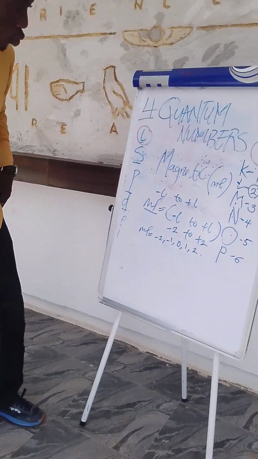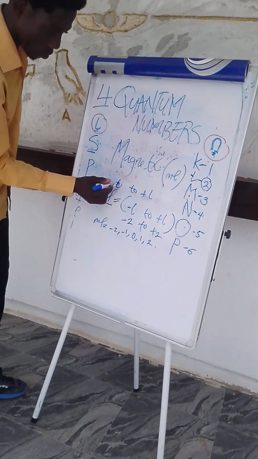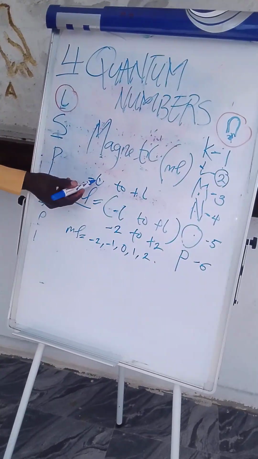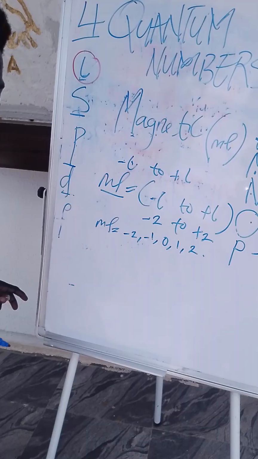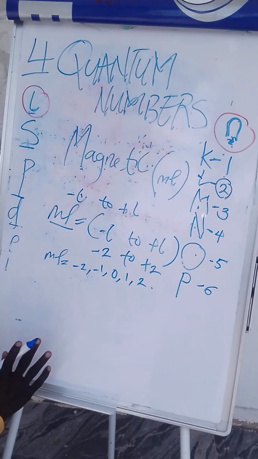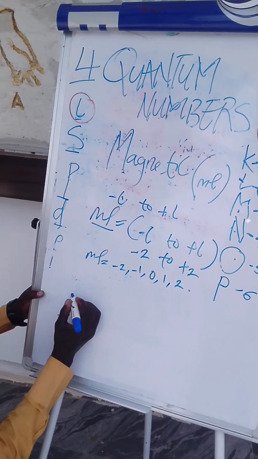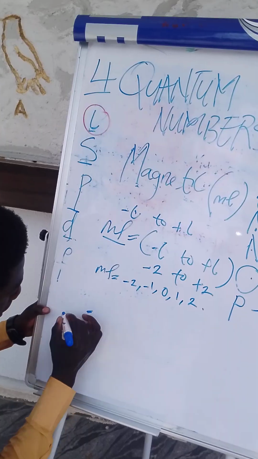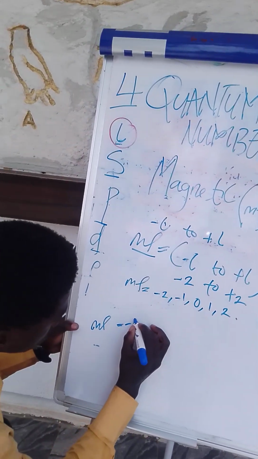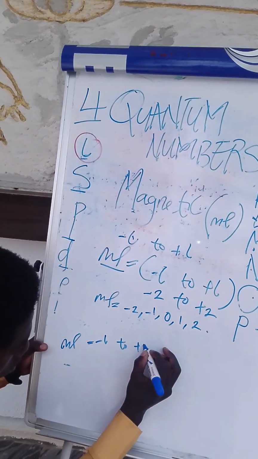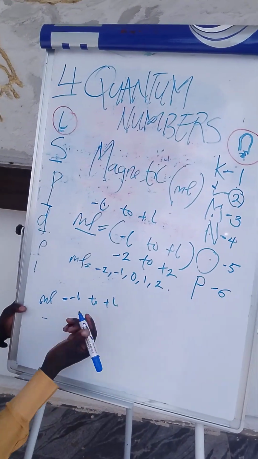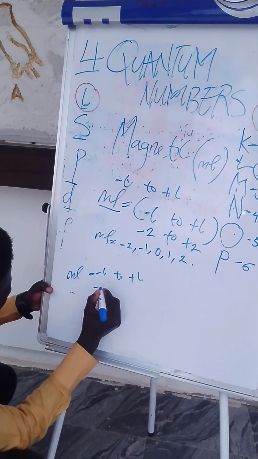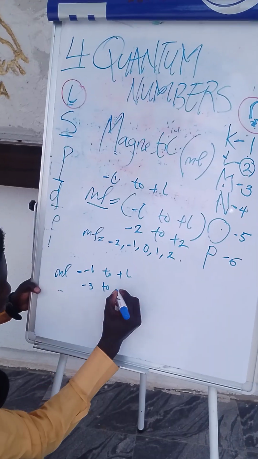I think you should be able to do it if L is 3. That one was if L is 2. Now let's do it if L is 3. My magnetic is given as minus L to plus L, so just put it there: minus 3 to plus 3.